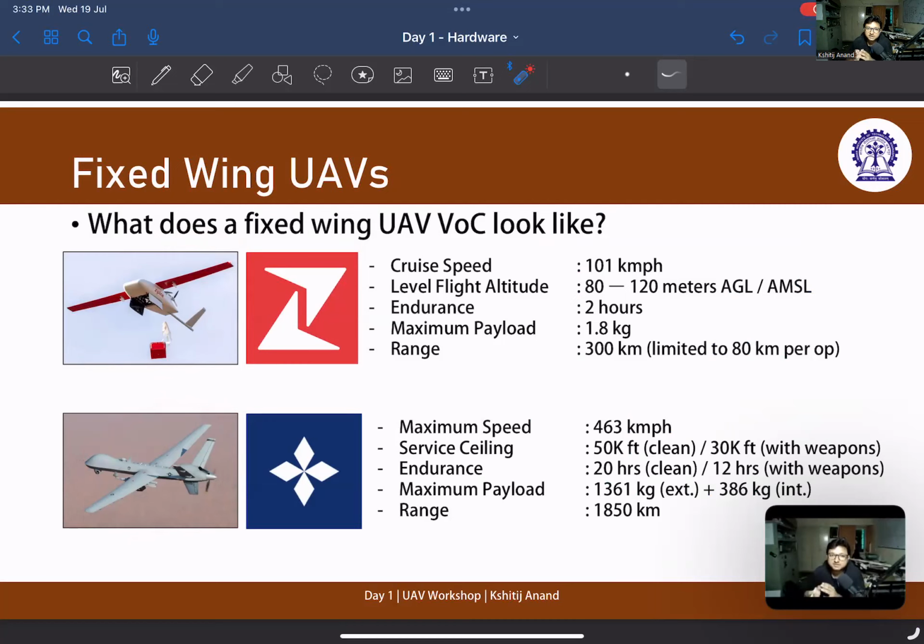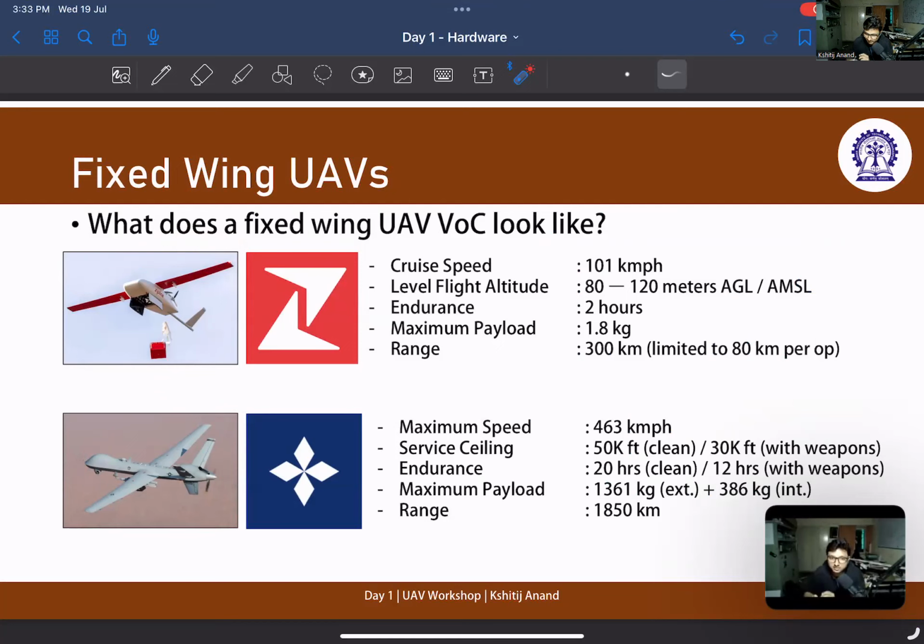Zipline is dropping parcels across Rwanda in Africa, and General Atomics MQ-9A Raptor is a military surveillance UAV. Both of them are fixed wing aircrafts, but because they serve very different purposes, their requirements are very different.